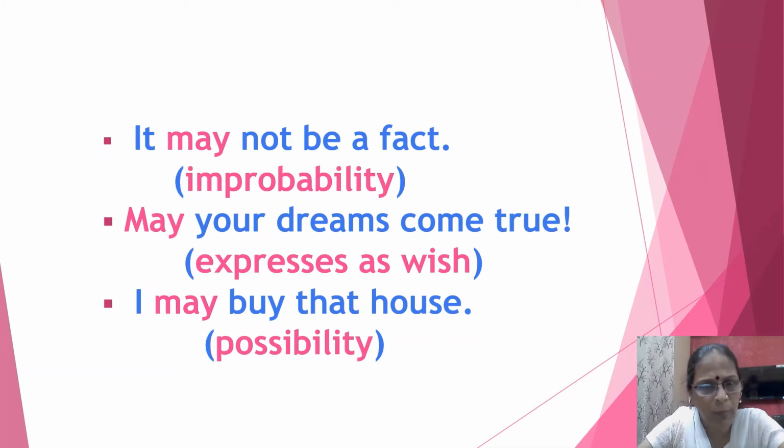Here improbability is shown. Means we can say that here in some extent possibility is shown. Means it may not be a fact or it may be a fact. So may modal auxiliary is used for showing improbability.